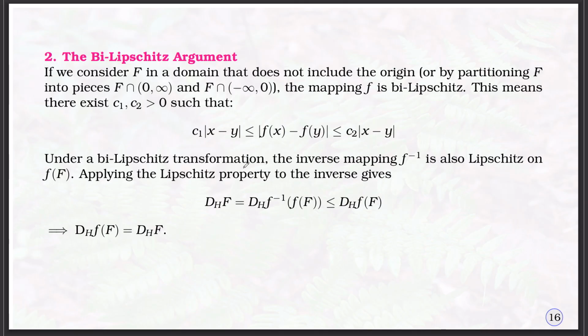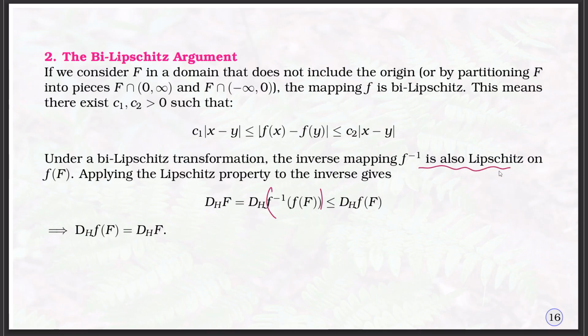Under the bi-Lipschitz transformation, the inverse map is also Lipschitz on f of E. So applying the Lipschitz property to the inverse gives dimH of E can be written as dimH of f inverse of f of E, which is less than or equal to dimH of f of E, because f inverse is Lipschitz.